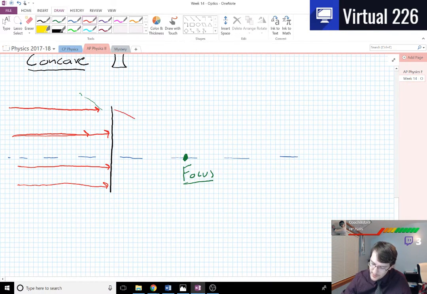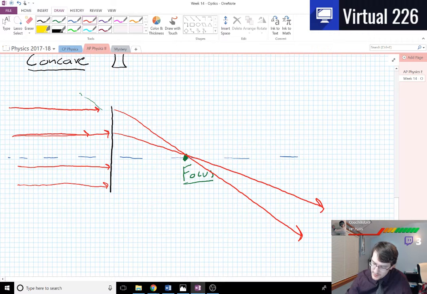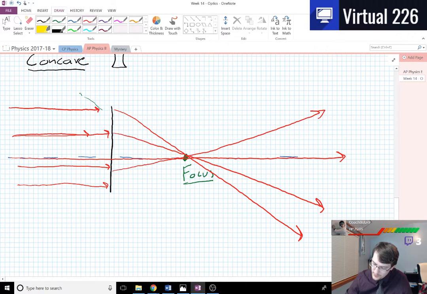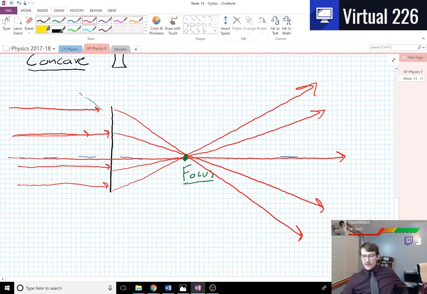Okay, so we get the light to come down through the focus. Light coming through the center just goes through the focus. Okay, so that's the idea with a double convex lens bending light. Bends light to the focus.